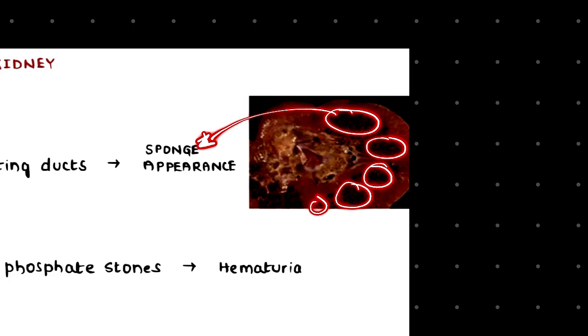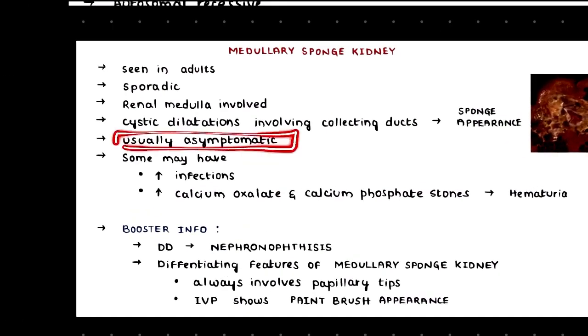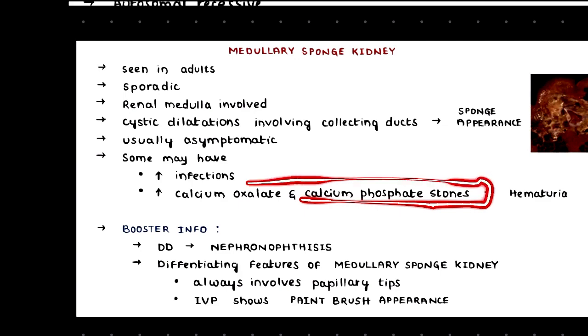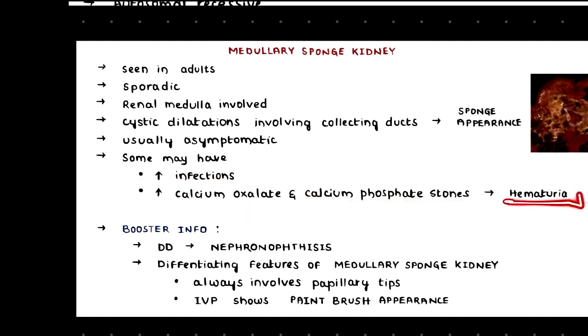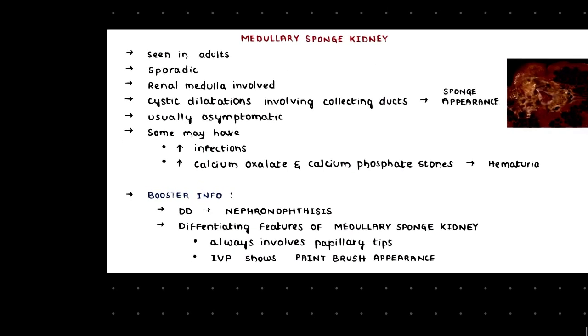Now moving further, usually these are asymptomatic, but some may present with increased infection, and calcium oxalate and calcium phosphate stones that will lead to hematuria. Now how will we differentiate medullary sponge kidney from nephronopathy?